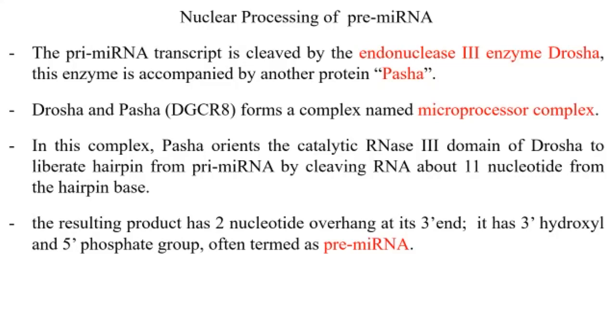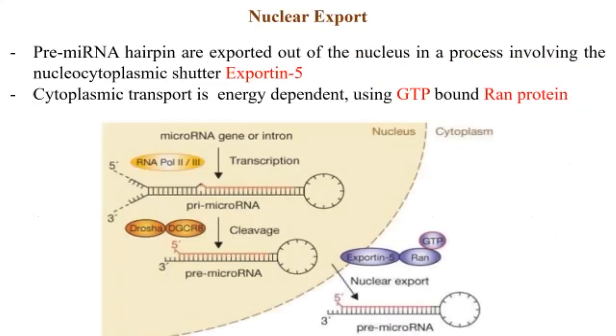This premature microRNA undergoes processing in the nucleus. Once this pre-microRNA is formed, the pre-microRNA hairpins are exported out of the nucleus in a process involving a protein called exportin 5.